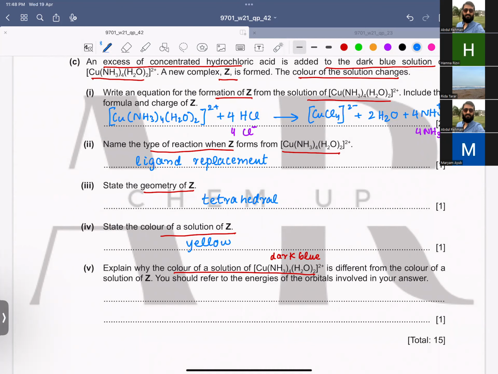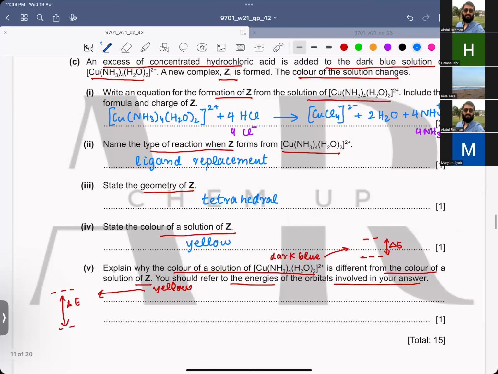Next part. Explain why the color of this solution is dark blue and is different from the color of a solution of Z, which is yellow. You should refer to the energies of the orbitals involved in your answer. Why is the color different? If you recall, the orbitals split. So if in this case this is the energy gap, then when it forms yellow, the energy gap could be smaller or greater than that one.